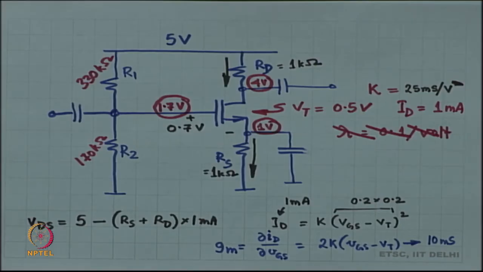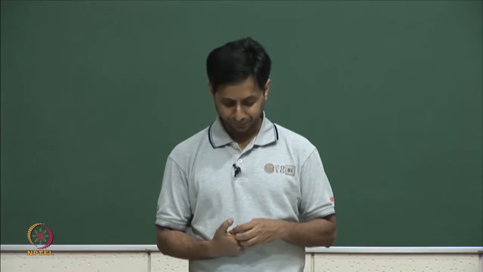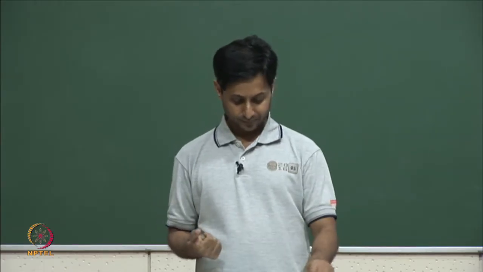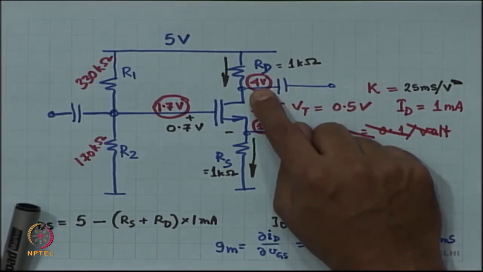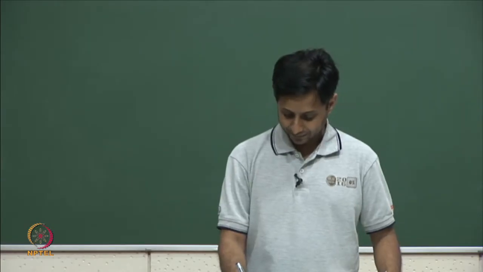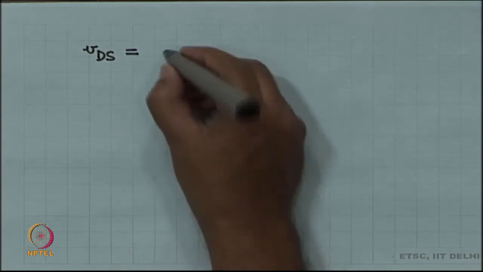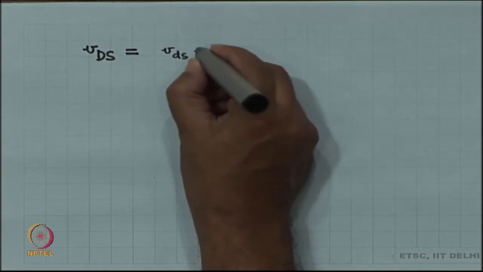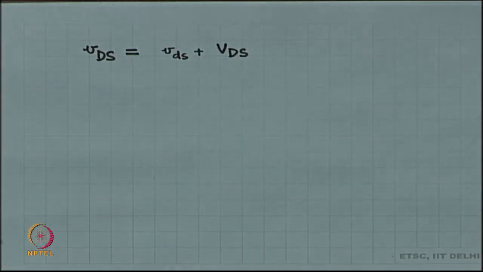Now, what are the limits of the incremental voltage and the incremental current? So, number 1, the drain voltage is at 4 volts, source voltage is at 1 volt. Now, when I say VDS, this is really small VDS plus capital VDS. Agreed?